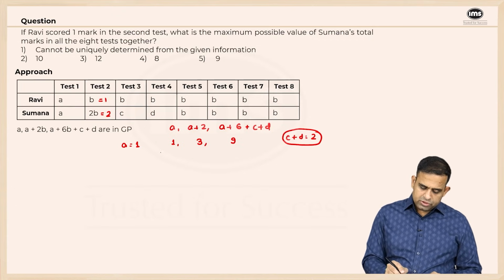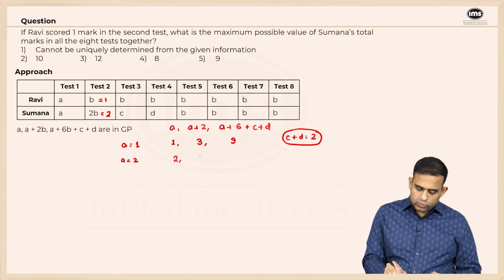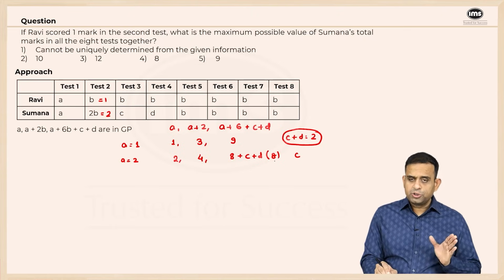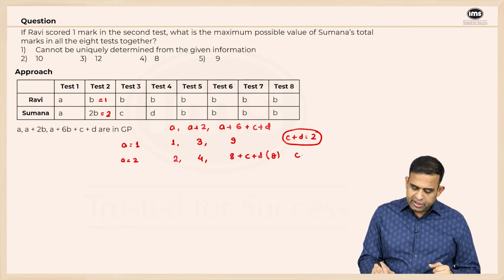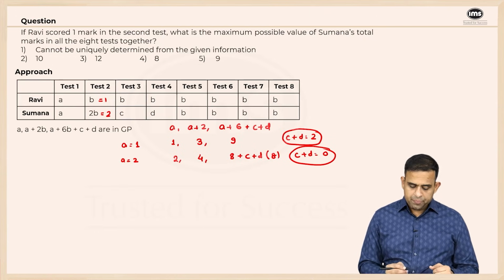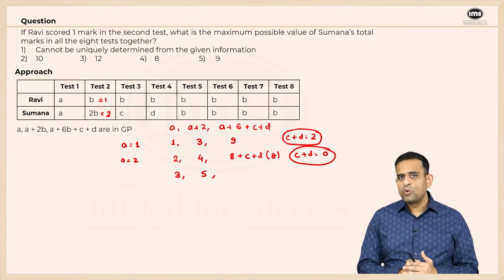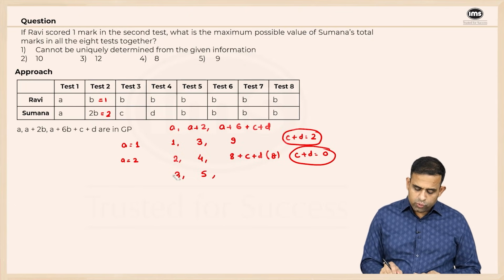Then if I put suppose a equal to 2, then this is going to be 2, this will be 4, this will be 8 plus c plus d. And this part has to be equal to 8 because 2, 4, 8 are going to form a GP. So c plus d will become equal to 0, very much possible. Then if I put a as 3, so I told you earlier 3, 5, then the third term won't come out to be a nice integer, won't work.